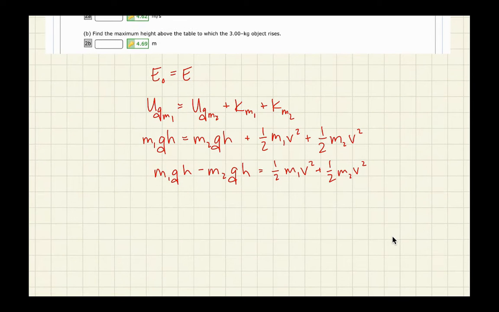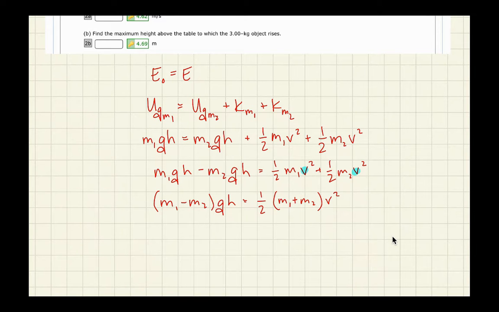And then, like I suggested just a second ago, because the speed of each block is the same, the direction's opposite, but the direction doesn't matter because it's being squared, we can simplify this term on the right side as well. So this would be M1 minus M2 GH equals 1/2 M1 plus M2 V squared.